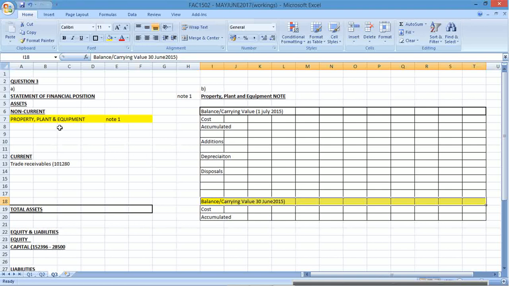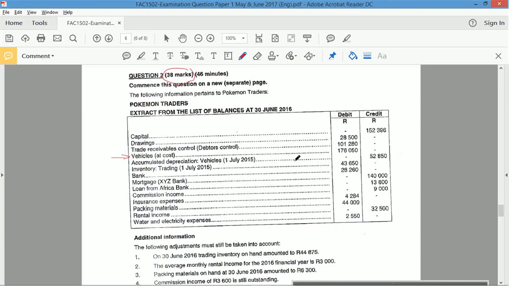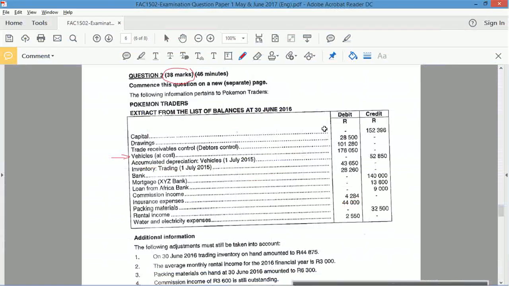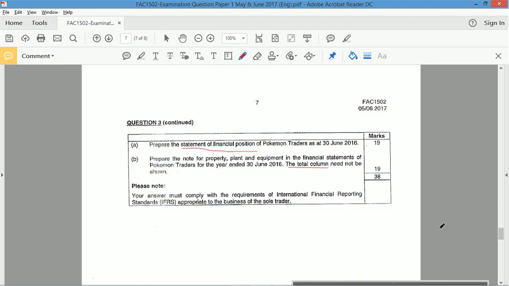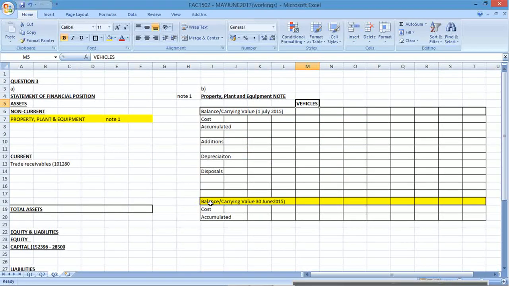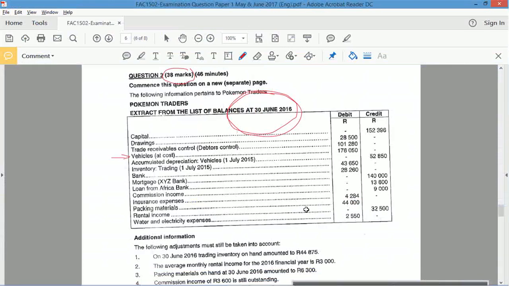Alright, so vehicles is special, it's at cost, so it's going to go here as a column. What did I start with? 176. Is this end or beginning though? It's an extract. What was the year end? 30 June 2016. What did they give me here? 30 June 2016. So you're actually looking at the end.